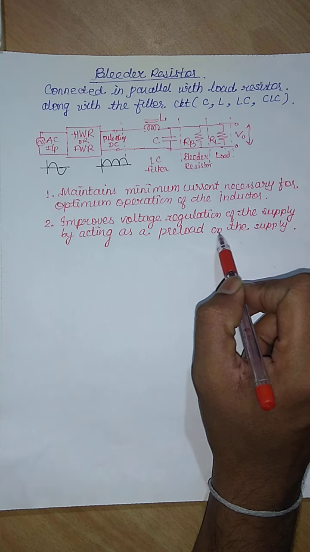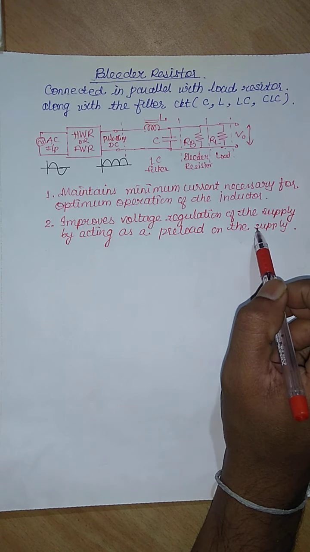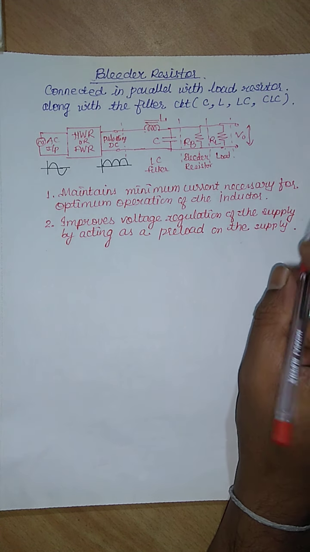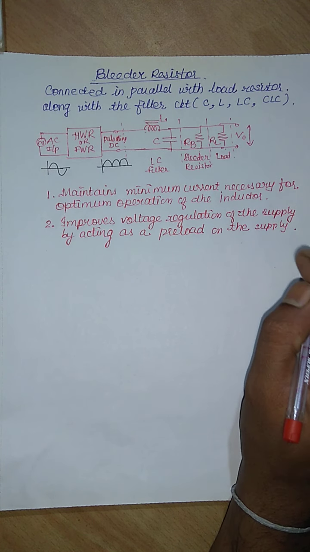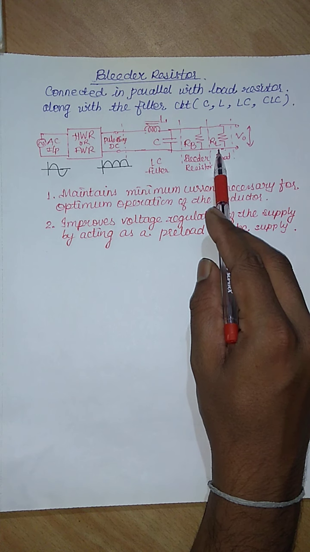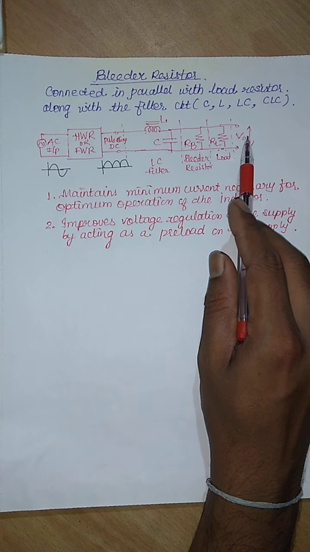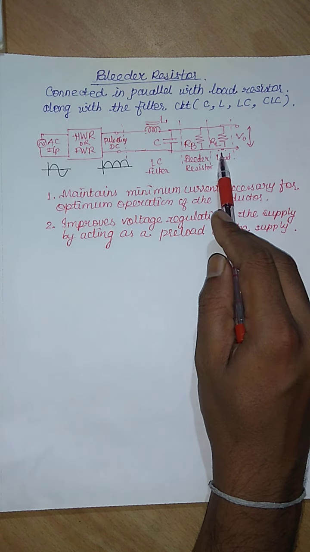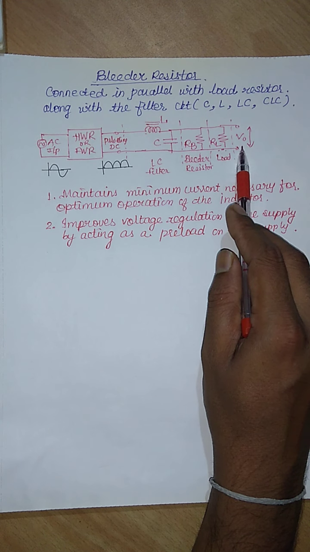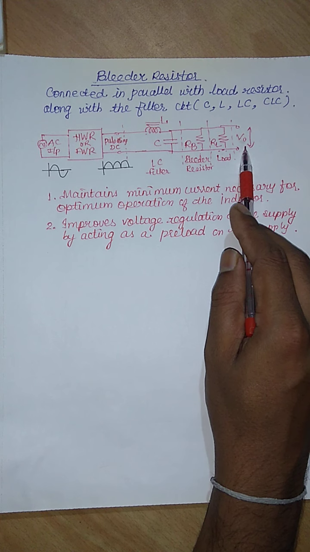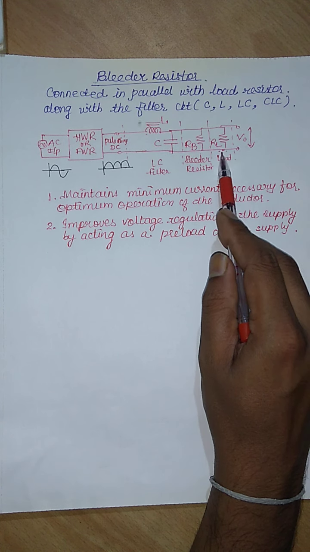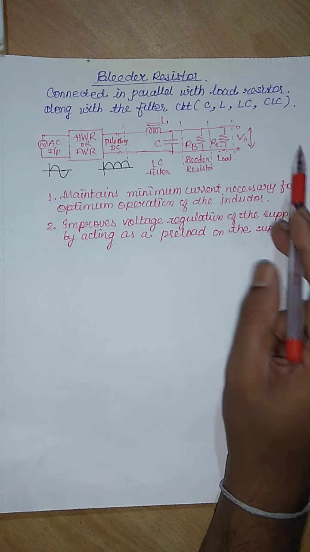So voltage regulation means there must be no change in the output voltage with respect to change in the load. The output voltage must remain constant although the load changes.